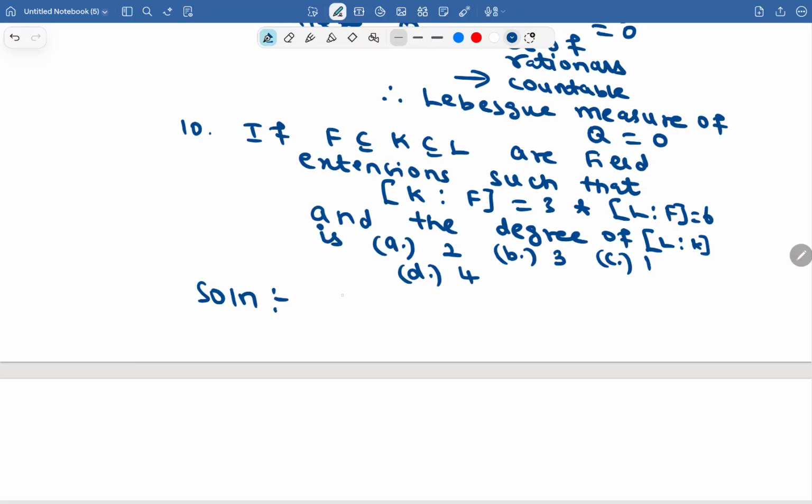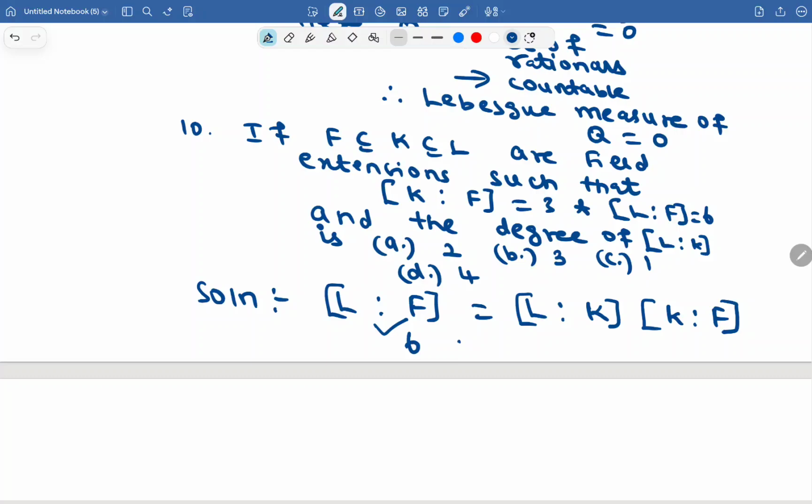Solution: we can write this one as the degree of L over F equals degree of L over K times degree of K over F. We know very well this one is 6.